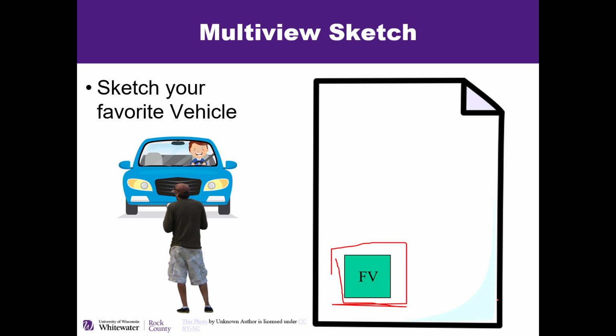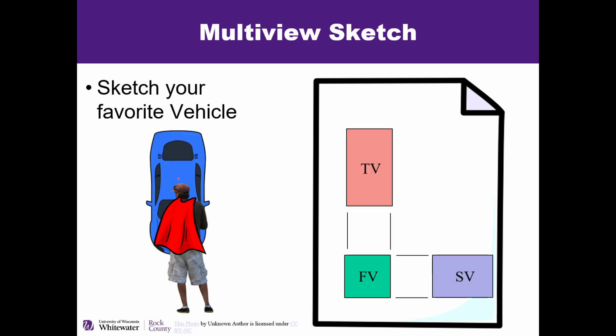Now that you're standing right in front of the vehicle again, we're going to put on a nice little cape, and we're going to fly and hover over the top of the vehicle with our toes at the front of the vehicle and our head towards the back of the vehicle, and we'll draw the top of the vehicle. Now we have the top of the vehicle.